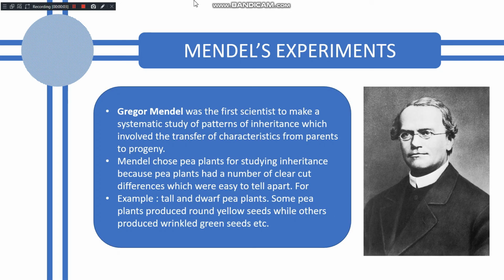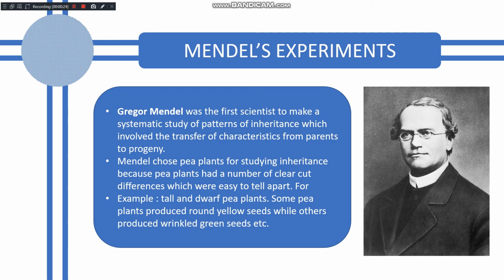Now today I will give some introduction about Mendel's experiment. Gregor John Mendel was the first scientist who made a systematic study of patterns of inheritance. Inheritance means the characters which pass from one generation to another.